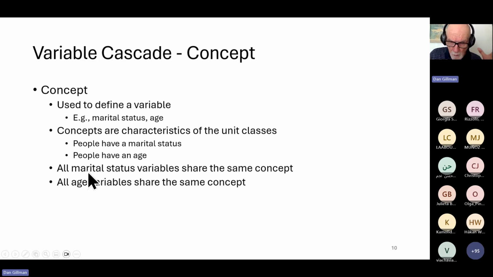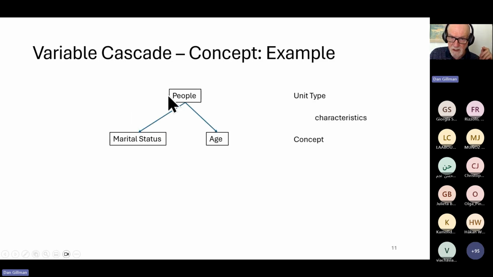So all marital status variables share the same concept. All age variables similarly share the same concept. So that's why it's at the highest level. And we can see that if we have a unit type people, we can divide that into these two characteristics, each defined by a concept, marital status and age.